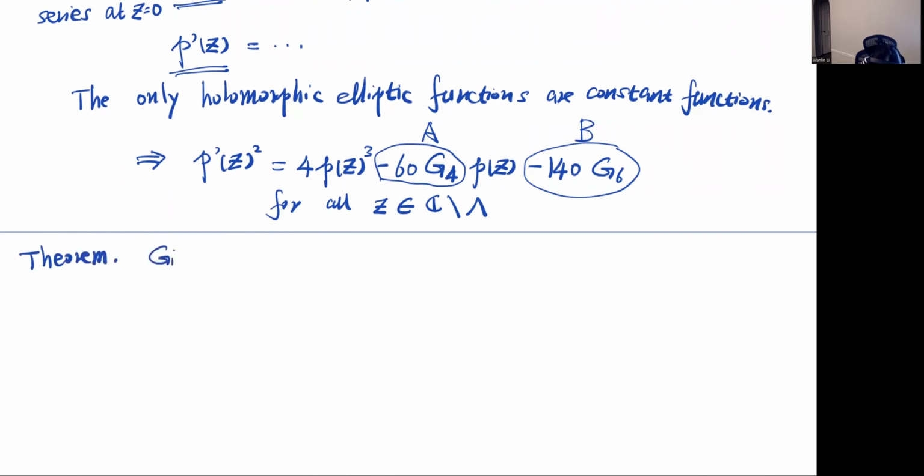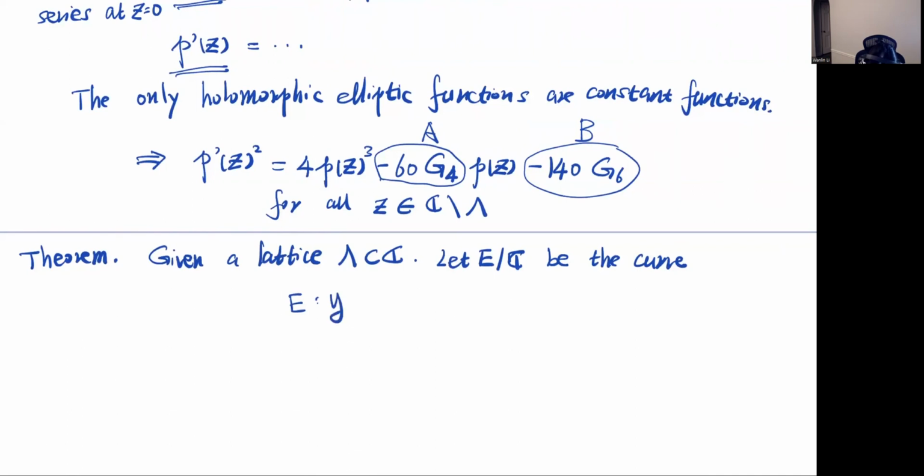Given a lattice Λ in C, we can define an elliptic curve E over C to be the curve defined by y squared equals 4x cubed, well, you can also change variables to get rid of this 4 if you want, minus 60 times the G4 value associated with Λ minus 140 times the G6 value associated with Λ.